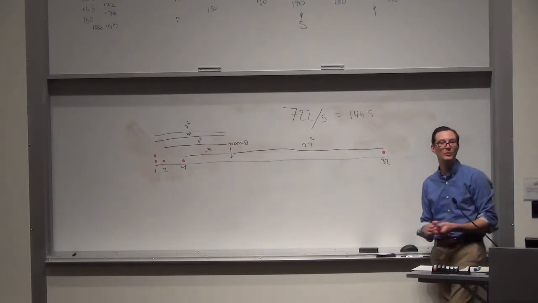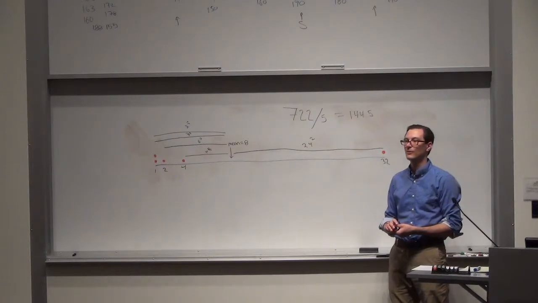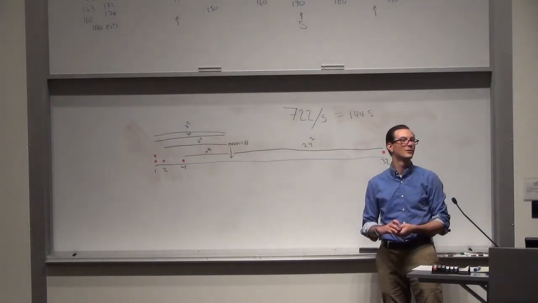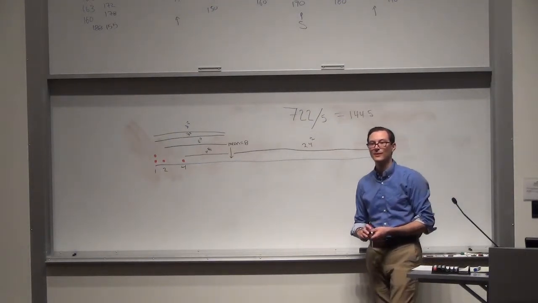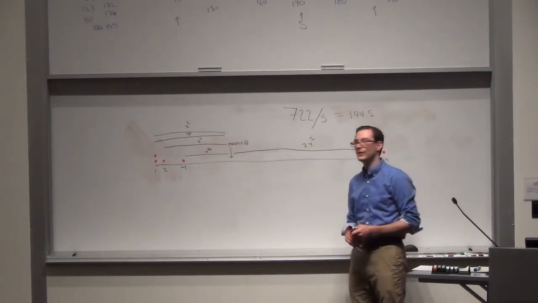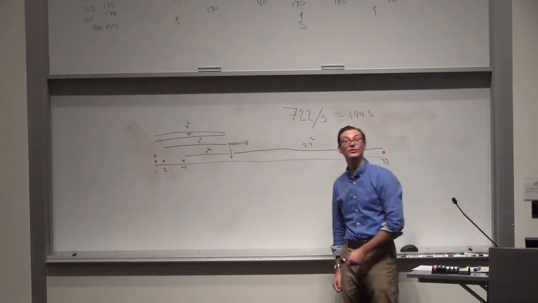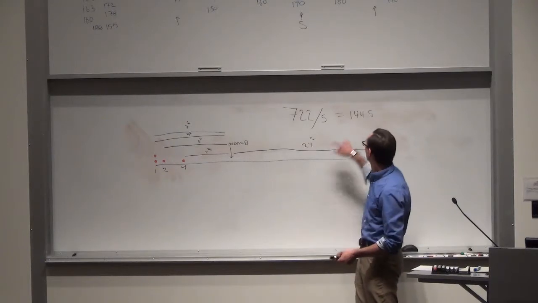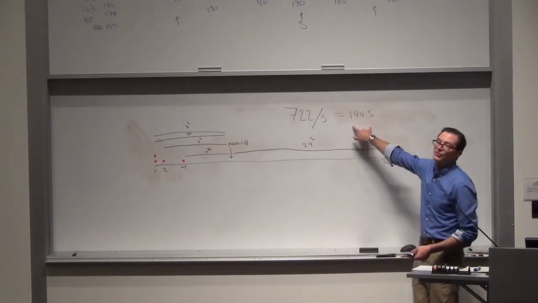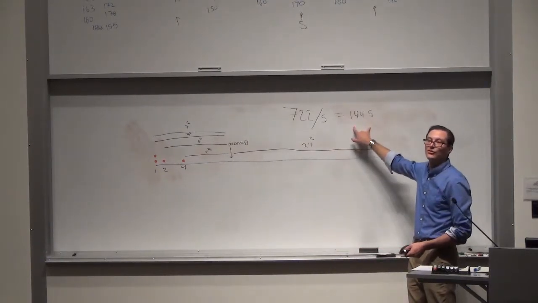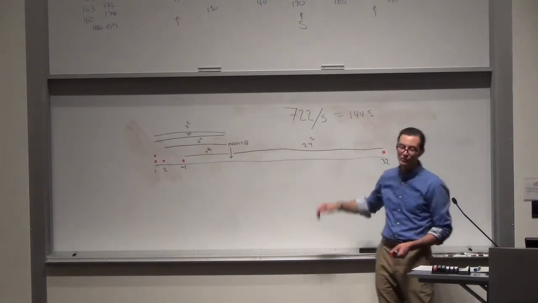Has anyone seen this number before? Shout it out if you know it. The standard deviation. Close. The variance. It's the variance. So this variance tells us something about how close all of the numbers are to the mean.